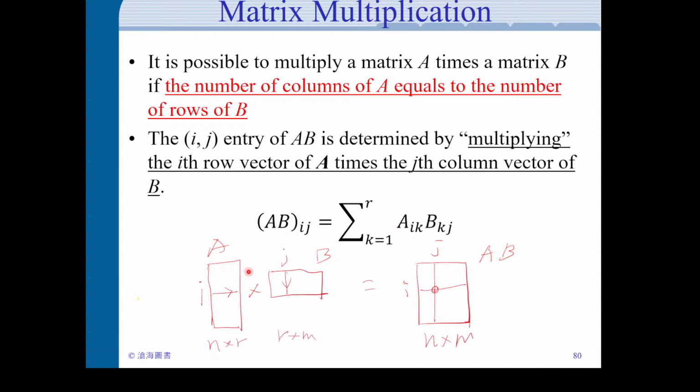So we sum over this k, from 1 to r, meaning that k goes from 1, 2, 3 to r, and this 1, 2, 3 to r, and we multiply each element from A and each element from B together, and we add together those multiplications. Okay. And yeah, that's matrix multiplication.